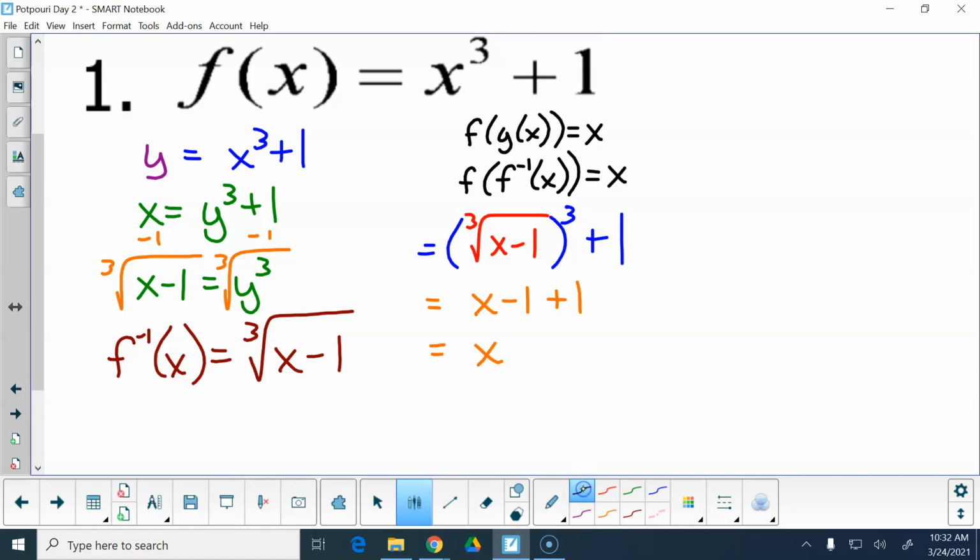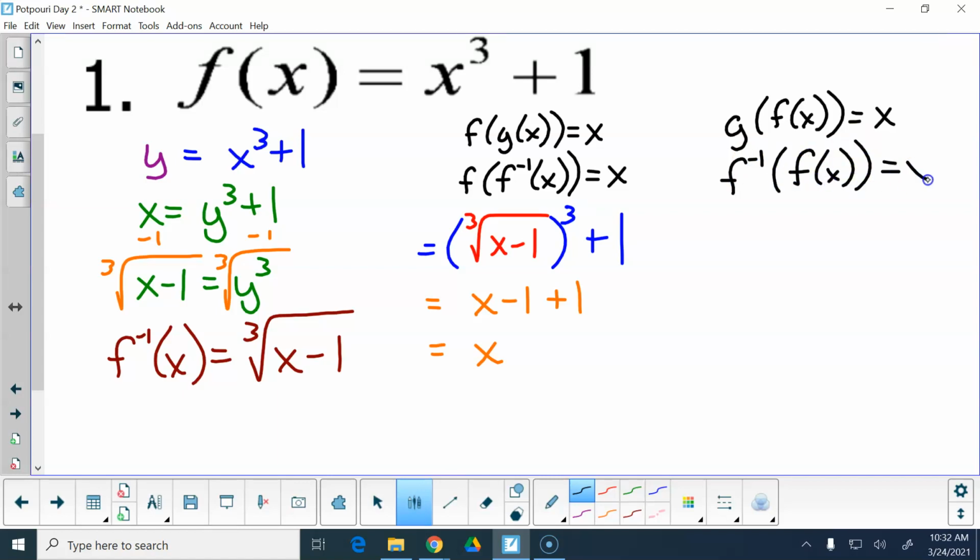Now we've got to do the other one to fully prove it. So this is really the inverse of the function. Has to be x. So I'm plugging my function into the inverse. So my function was x cubed plus 1.